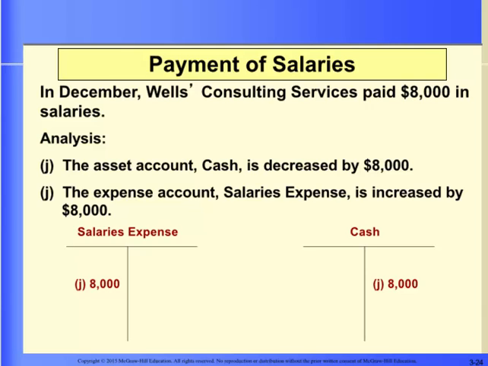Since owner's equity is on the right side of the accounting equation, to decrease owner's equity, we would record the dollar amount on the left side, or debit side, of the expense T account. Remember that assets are on the left side of the accounting equation, so to decrease them, we would put the entry on the right, or credit side of the account. We know that cash is the asset account, which needs to be credited for the $8,000 check written. Salaries expense is the owner's equity expense account affected for the same amount, so we need to debit it for $8,000.